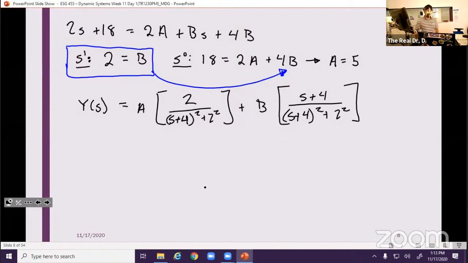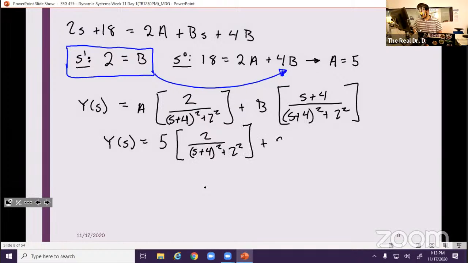This is what I know. So I plug in a to a and b to b. All right, so that's where I'm left.